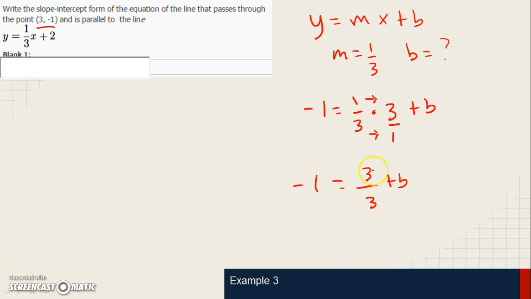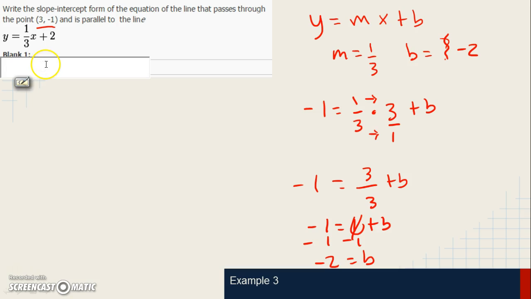And we can actually simplify again because we know that 3 divided by 3 is 1. So we have negative 1 equals 1 plus b. And now we can solve by subtracting 1, and then negative 1 minus 1 is negative 2. These go to 0, equals b. So we can go ahead now and type this in because we know that b is now negative 2.